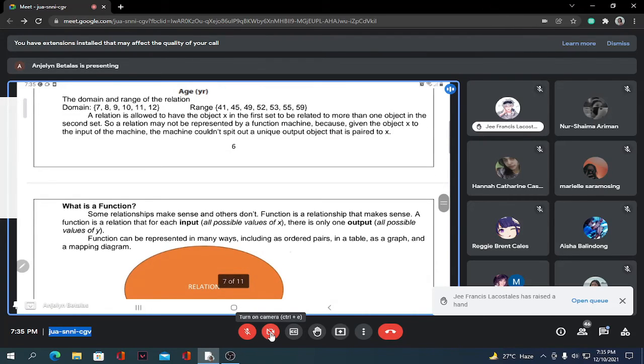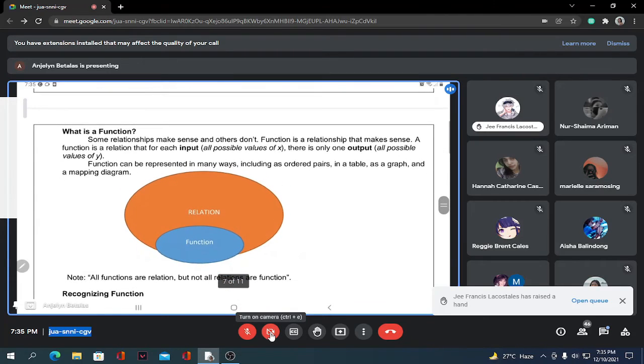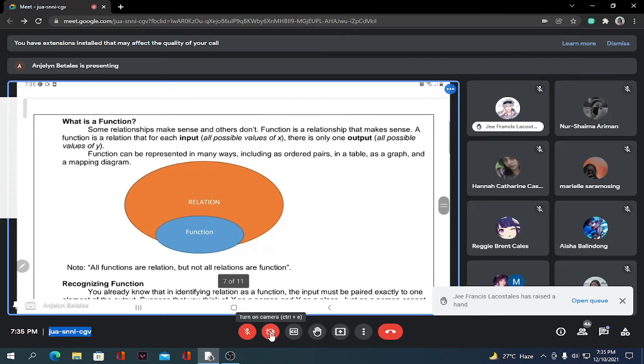But class, a relation cannot always be a function. Let's talk about another example.